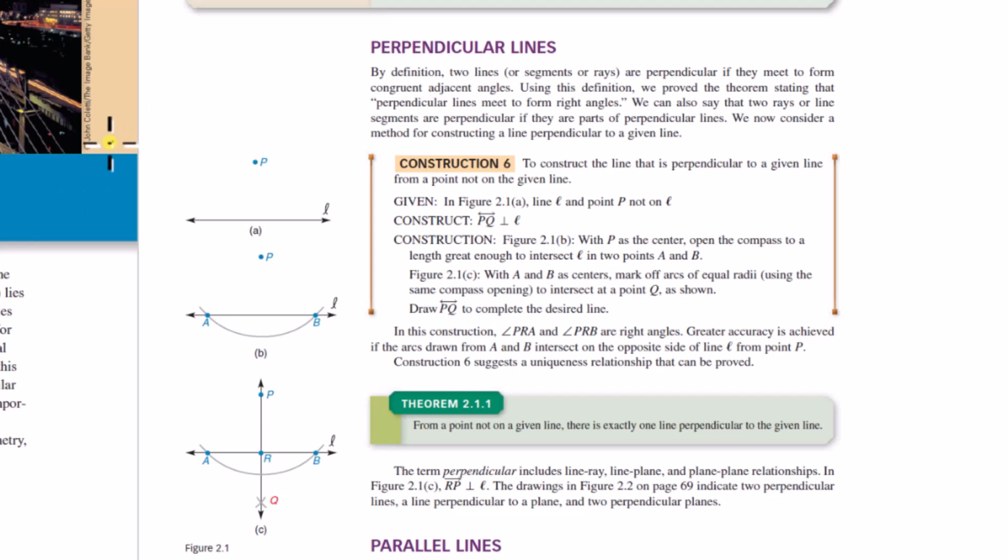It's that you have two lines or segments or whatever, and they meet to form adjacent angles that are the same. They're congruent. And as a result, it ends up being the case that they are perpendicular.